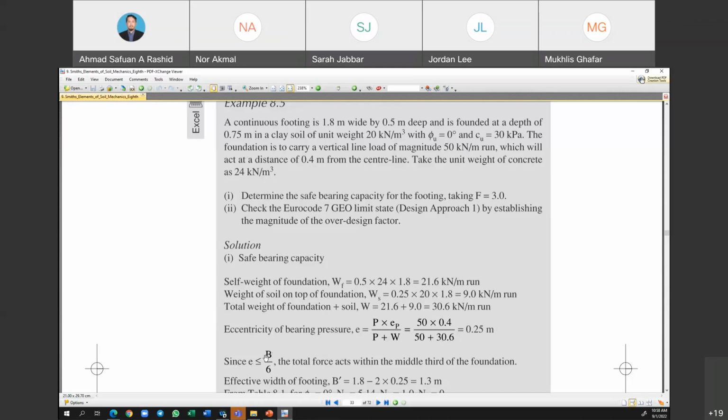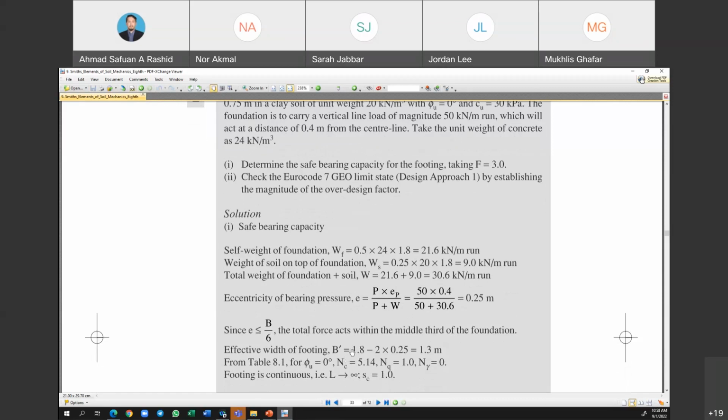Since e is less than or equal to B over 6, the total force acts within the middle third of the foundation, so we can use the B prime approach. The effective width of the foundation is equal to 1.8 minus 2 times 0.25. This is the equation to determine B prime. So we get 1.3 meter for the new B prime.